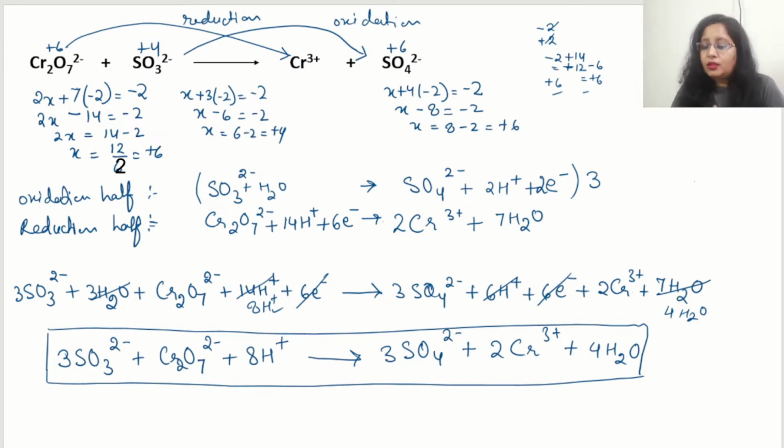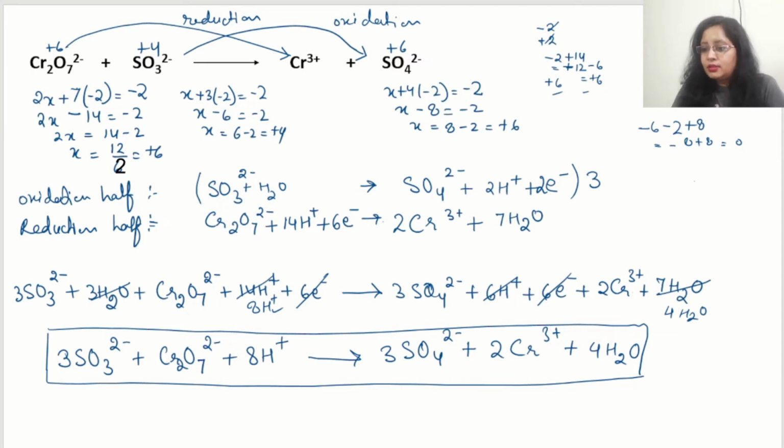The charges should be minus 2 into 3. So 3 2s are 6. It will be minus 6, then minus 2 and plus 8. This is on the left hand side. So it will be total minus 8 plus 8, that is 0. Let's check on the right hand side.